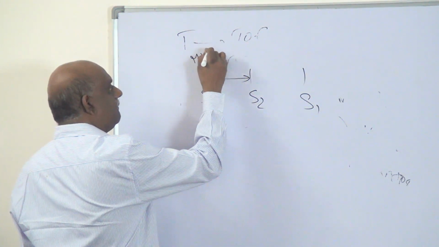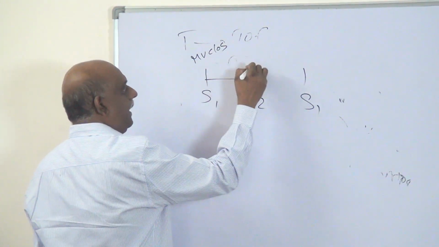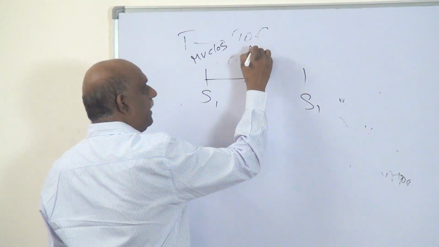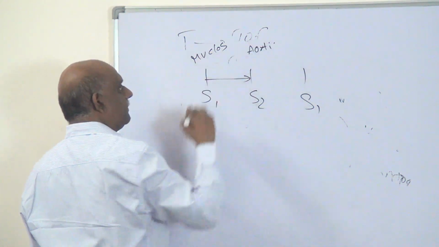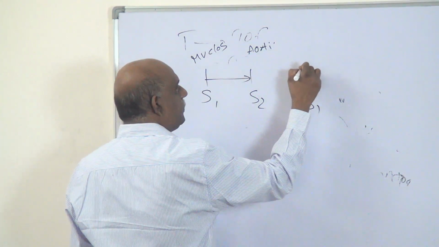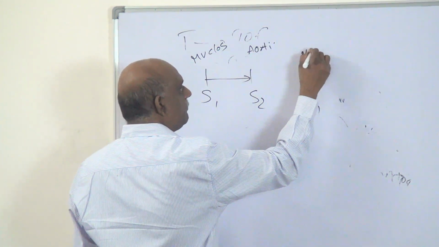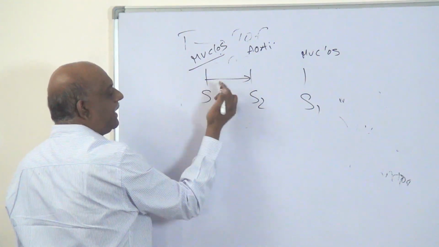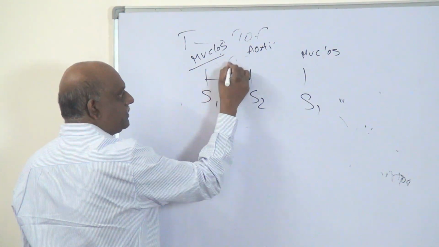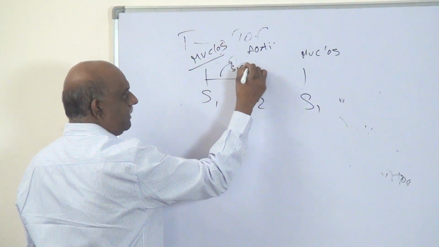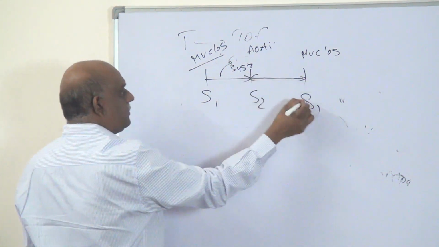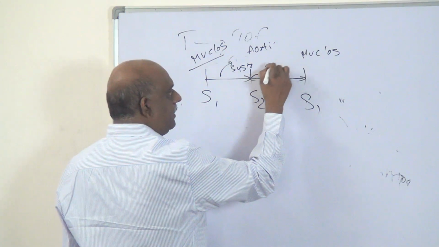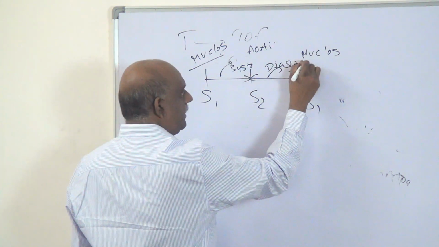On S1 the mitral valve closes and on S2 the aortic valve closes, and once more on S1 the mitral valve closes. After the mitral valve closes, the ventricle contracts and pumps the blood. So this is all systole. Between S2 and S1, what you have is called diastole.